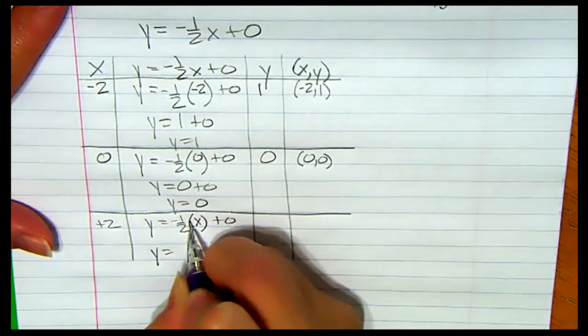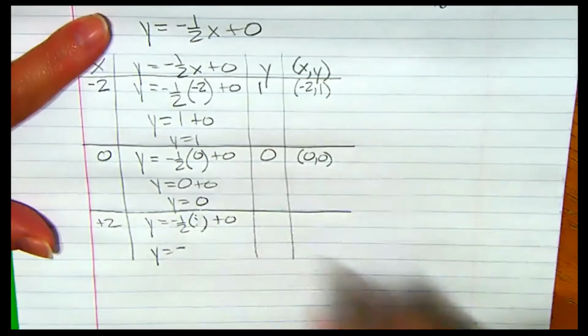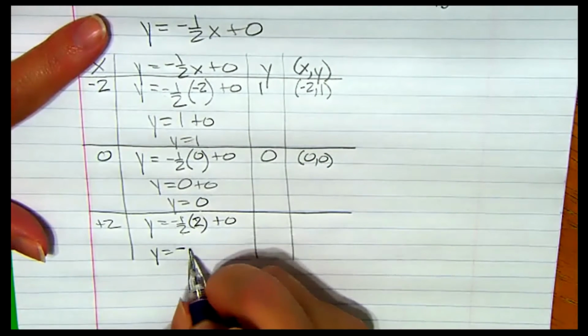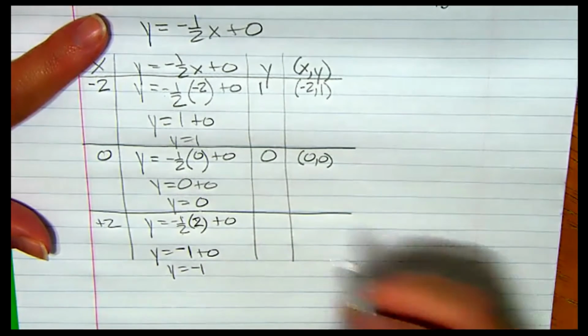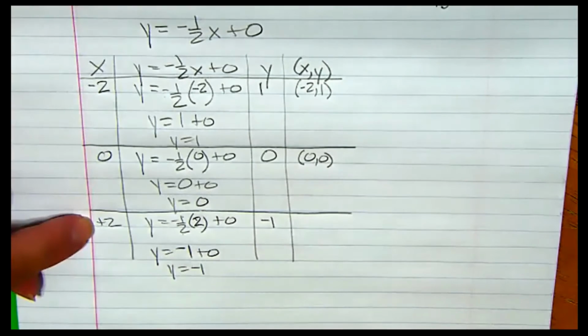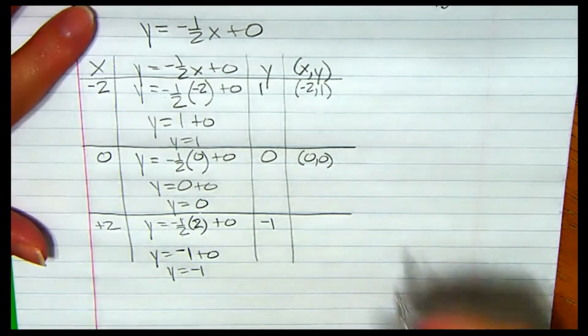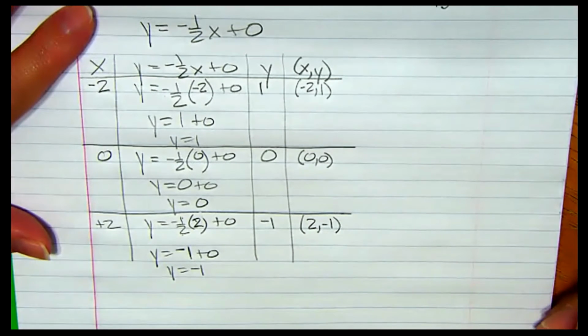We have a negative and a positive, that's negative, and 1/2 of 2 is 1. So y equals negative 1. When x is positive 2, y is negative 1, so my ordered pair is 2, negative 1.